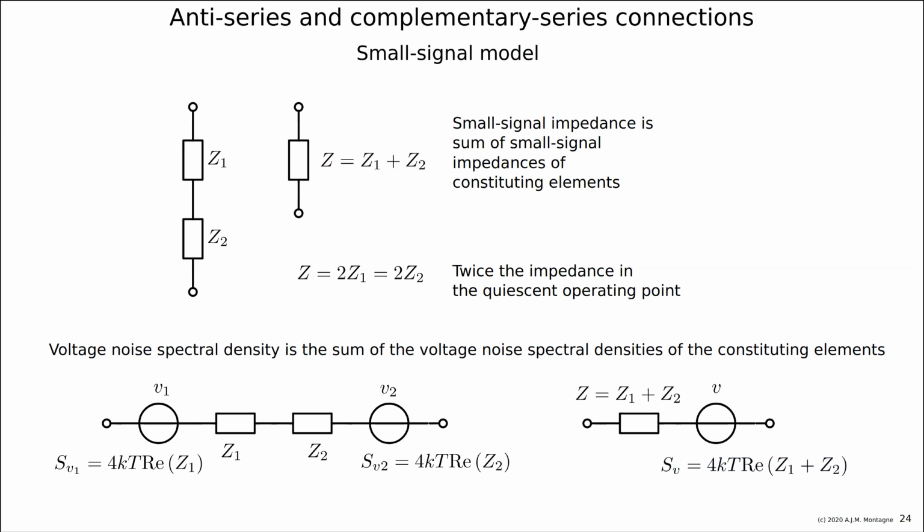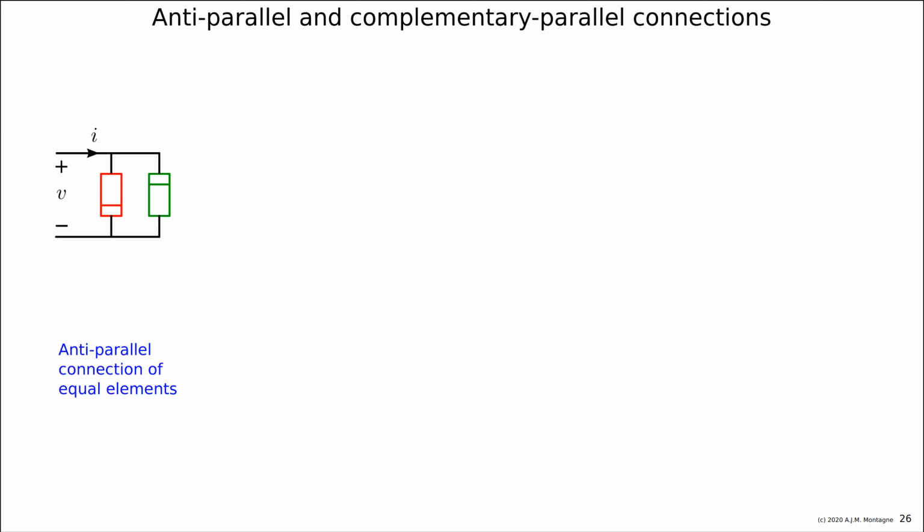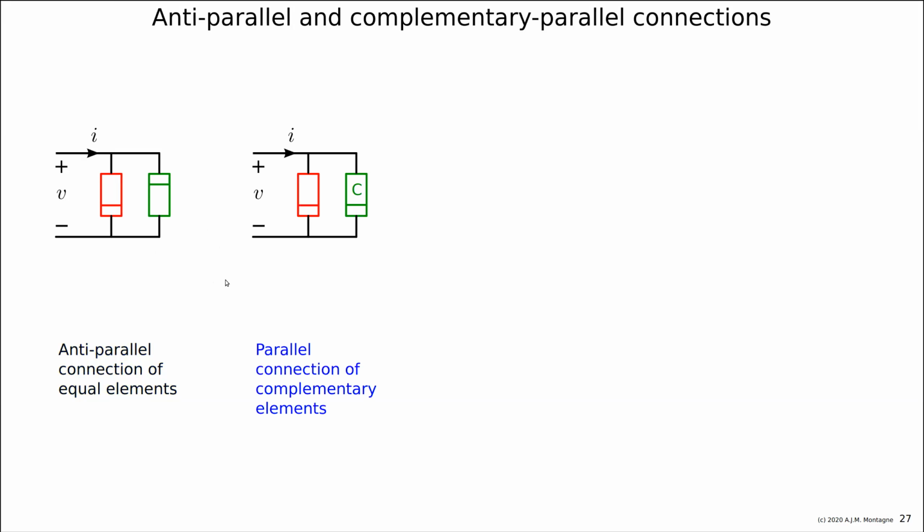Let's go to the parallel connection. The anti-parallel and the complementary parallel connection. How does it work? Well, basically the same. We have to change voltage and current, and then you have exactly the same story. So we have here the current added, the current through one element plus the current through another element is the total current I. So there will be only odd terms of this parallel device.